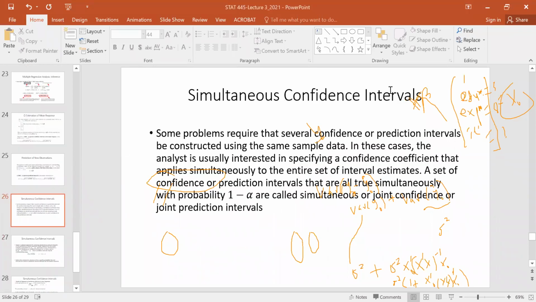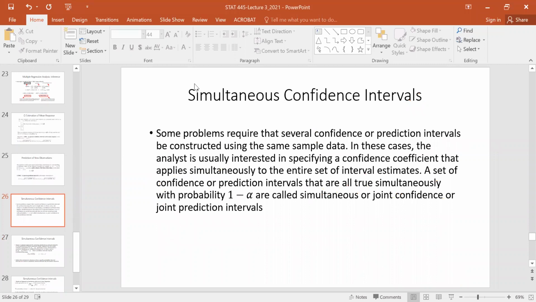Okay, now let's talk about simultaneous confidence intervals. Remember, we all know how to construct a 95% confidence interval for beta 1, for example, in simple regression, and we can do the same for beta 0. So 95% for this separately, 95% for this separately. What's the meaning of simultaneous? At the same time. Can we construct a simultaneous confidence interval where we say that at the same time it is true for beta 0 and beta 1?